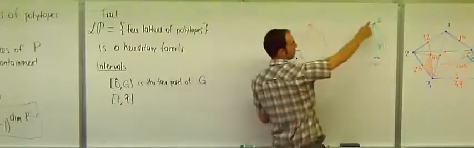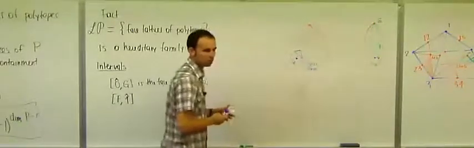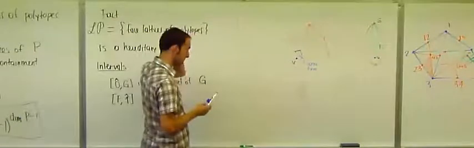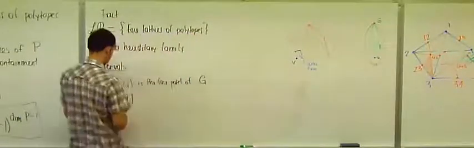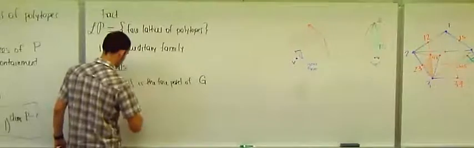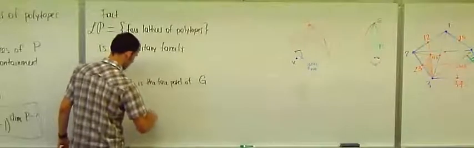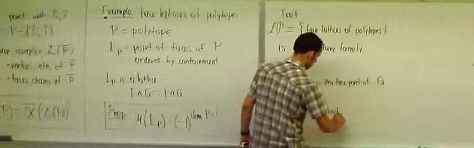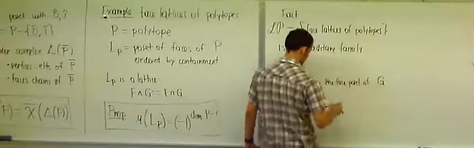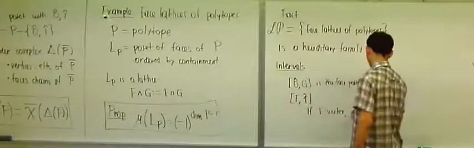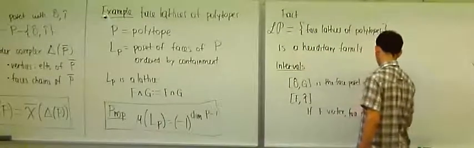So that corresponds to the top. Okay. So if F is a vertex, this is the face poset of the vertex figure.